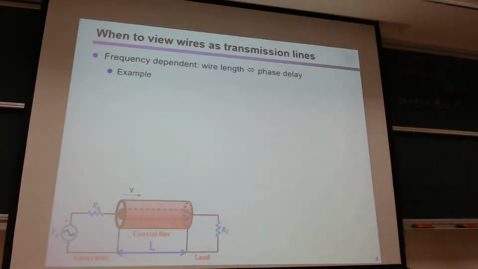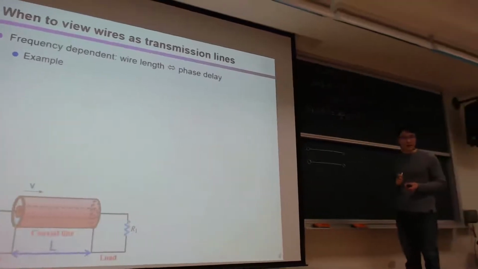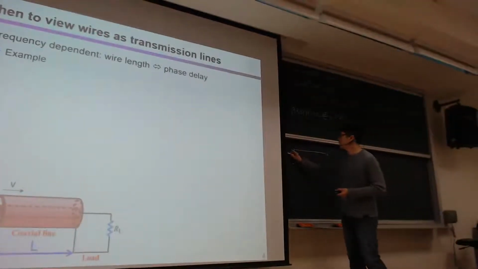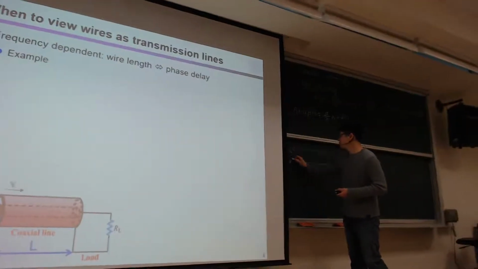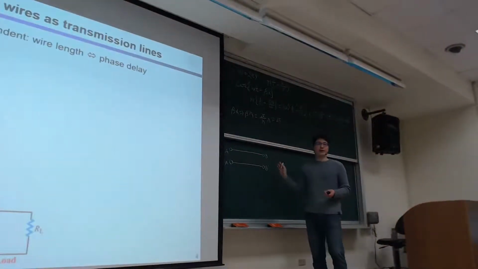Oh, just write it down. Okay. Suppose I have a transmission line comprised of two metallic wires. Okay. So I have ports.